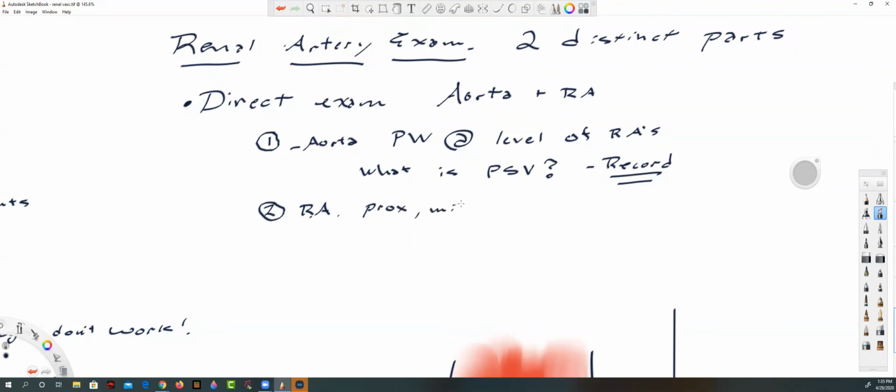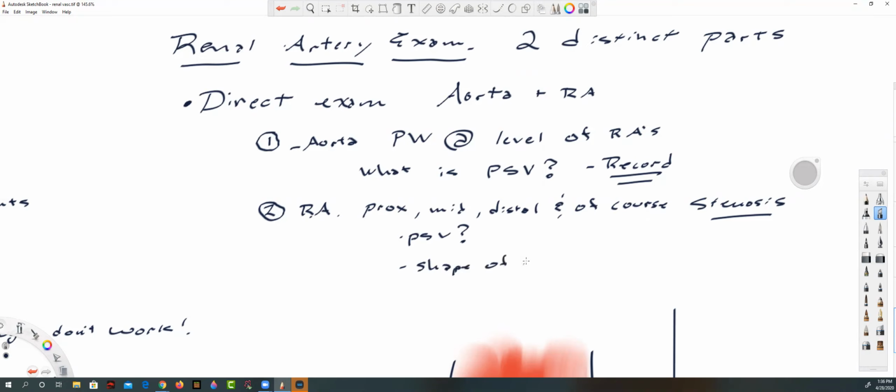Proximal, mid, distal, and if you see it, of course, stenosis. Proximal, mid, and distal, what is peak systolic velocity again? We're also going to look at the waveform. So peak systolic velocity and shape of wave, question mark.